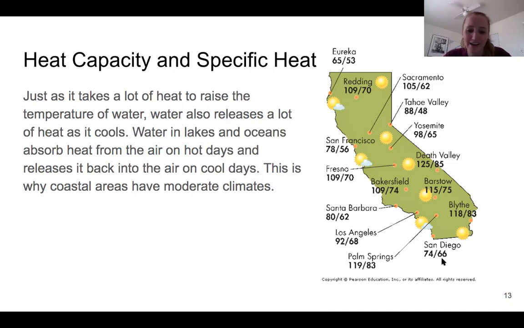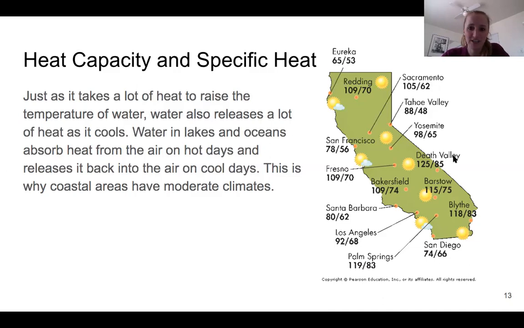That's a change of 8 degrees, not much of a difference. Los Angeles has a little bit more, but it's still not that crazy. San Francisco, a change of 20 degrees. But Tahoe Valley has a change of 40 degrees between night and day. Death Valley, another 40 degrees.